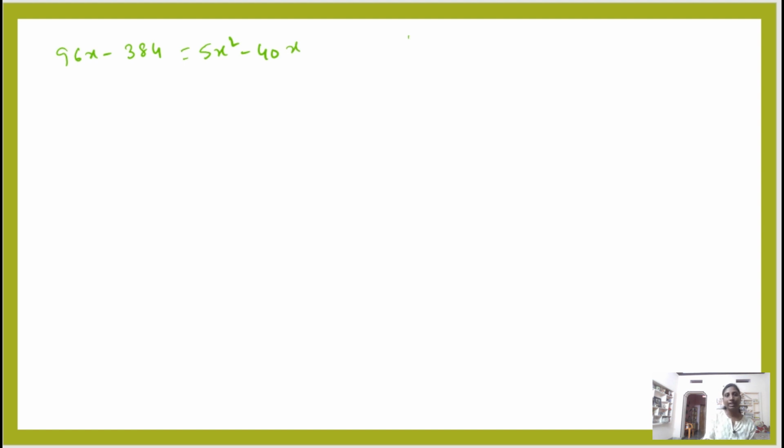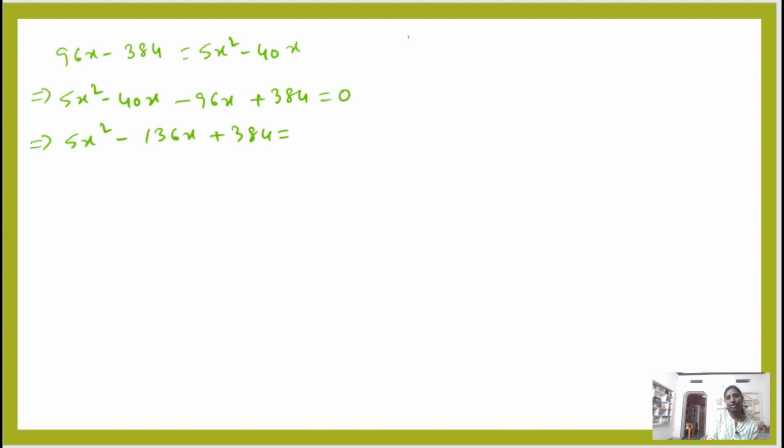Okay. Now it can be written as 5x square minus 40x minus 96x plus 384 is equal to 0. It means 5x square minus 136x plus 384 is equal to 0. Now we have a quadratic equation.